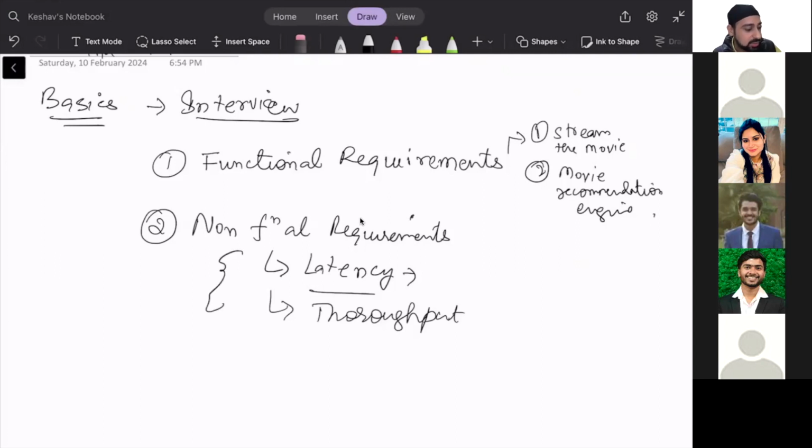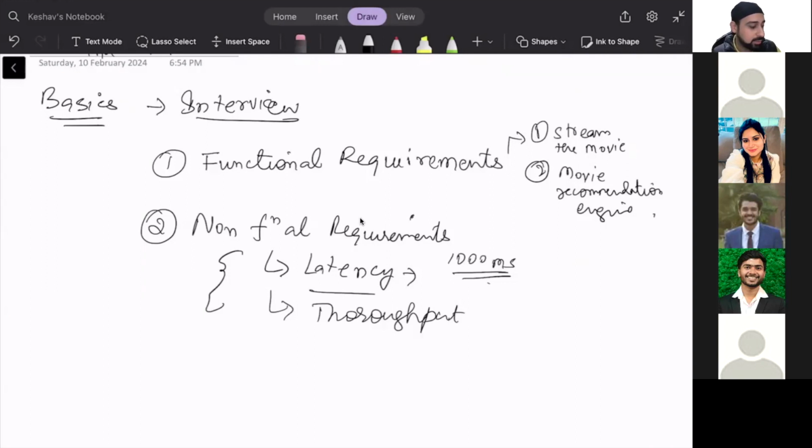So let's say the latency for Netflix movie recommendation could be around 1000 milliseconds. So you can think of such kind of numbers, and there needs to be a reasoning behind these numbers.